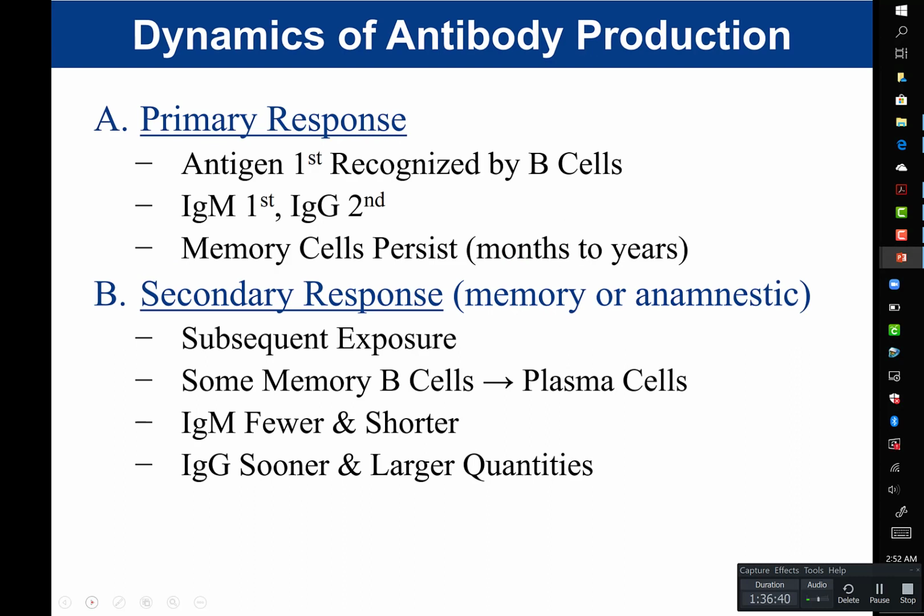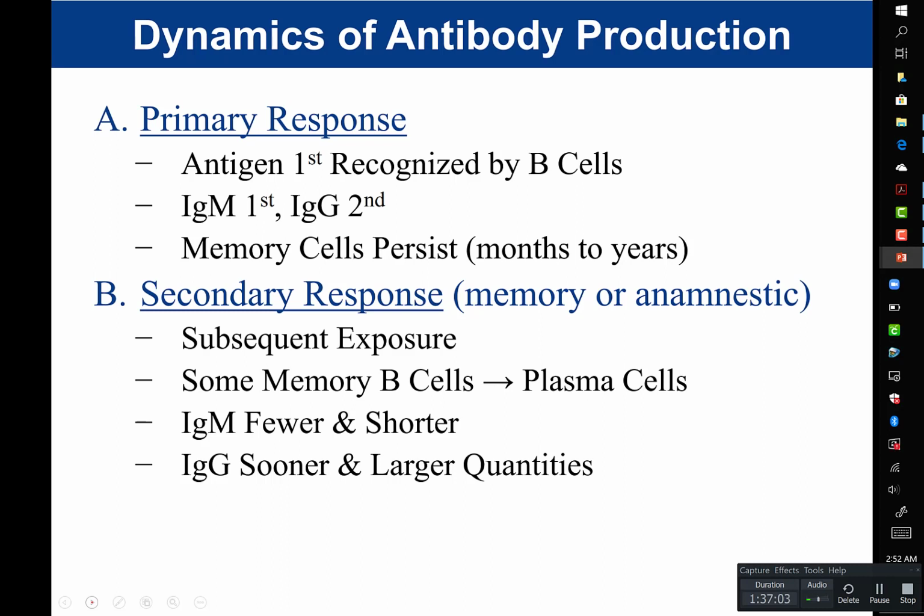So next, we're going to talk about the dynamics of antibody production. The first time that you are exposed to an antigen, that is going to be your primary response. This, again, is when the antigen is first recognized by the B cells.